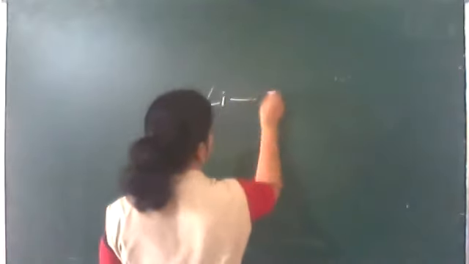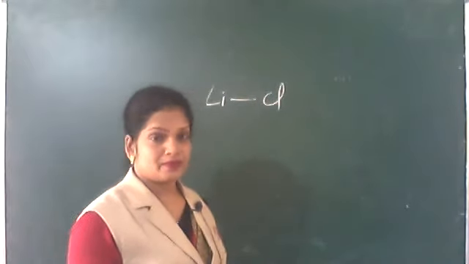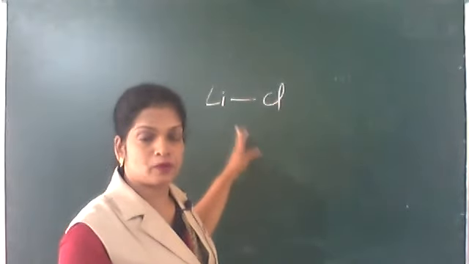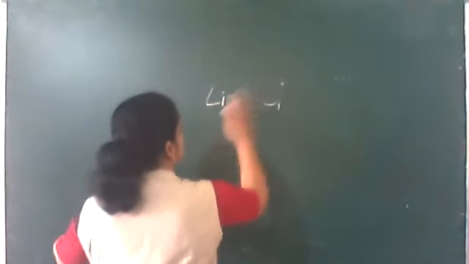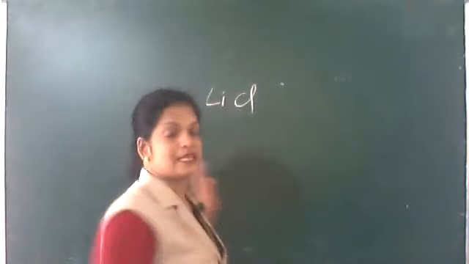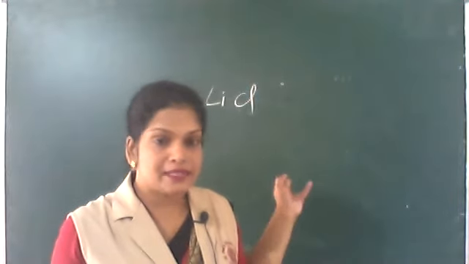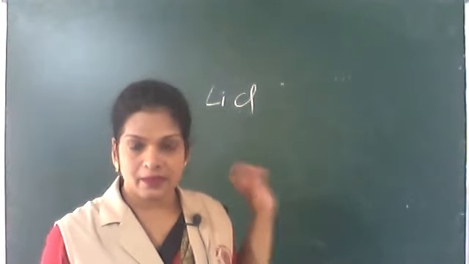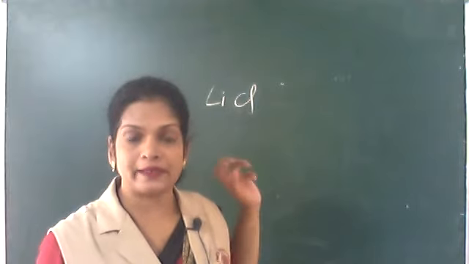We expect an ionic bond here because Li is of first group and Cl is of 17th group. Just like our NaCl, LiCl should have been an ionic compound. But here the covalent nature is more. How to explain that covalent nature?